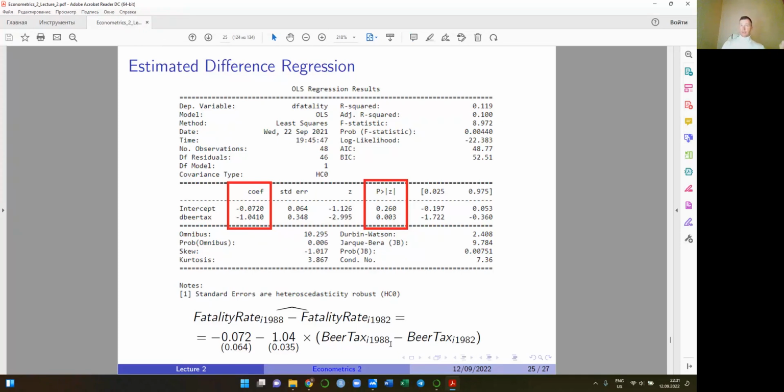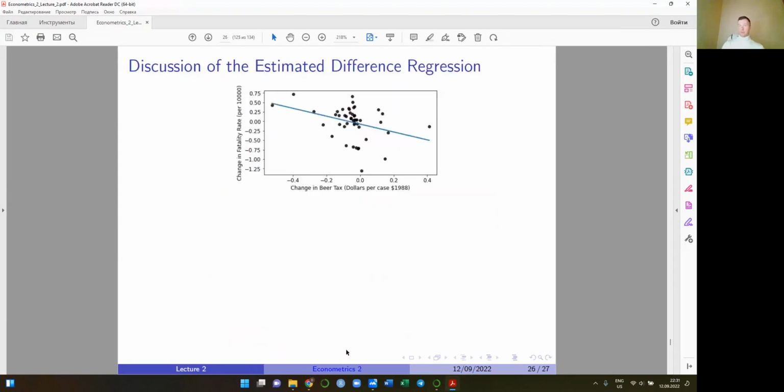So if I change BRICS in a way that BRICS increases, it must translate into a decrease in the fatality rate. This is the result that we expected.